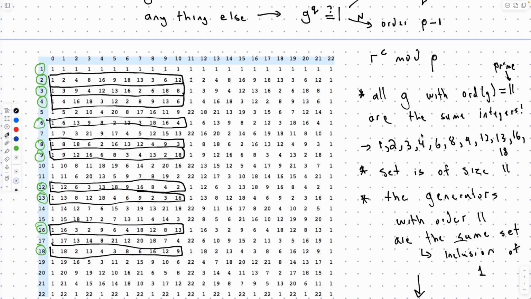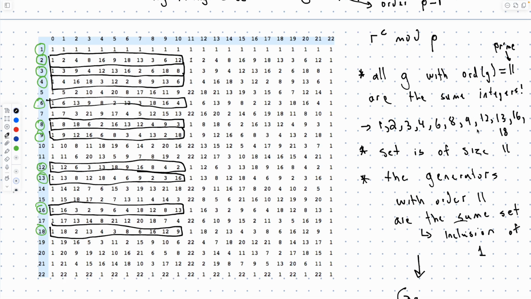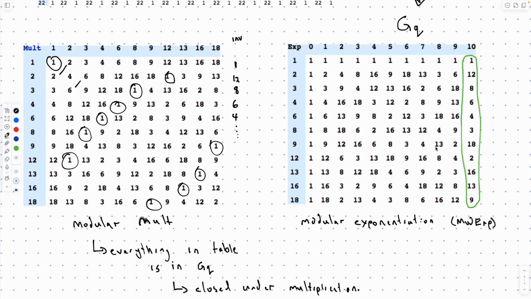All right, so look at this. This is GQ. Okay, so we have 1, 2, 3, 4, 6, 8, 9, 12, 13, 16, 18. Okay, that's the members of GQ. What I want you to do is consider this column.